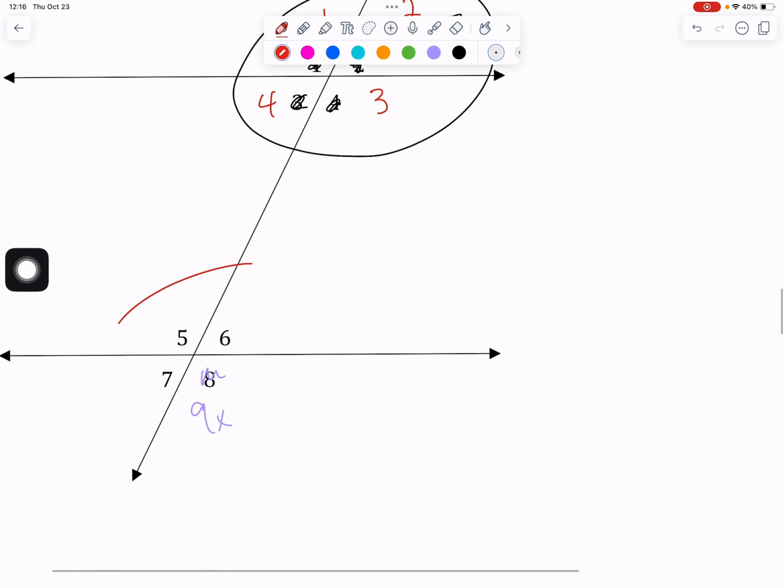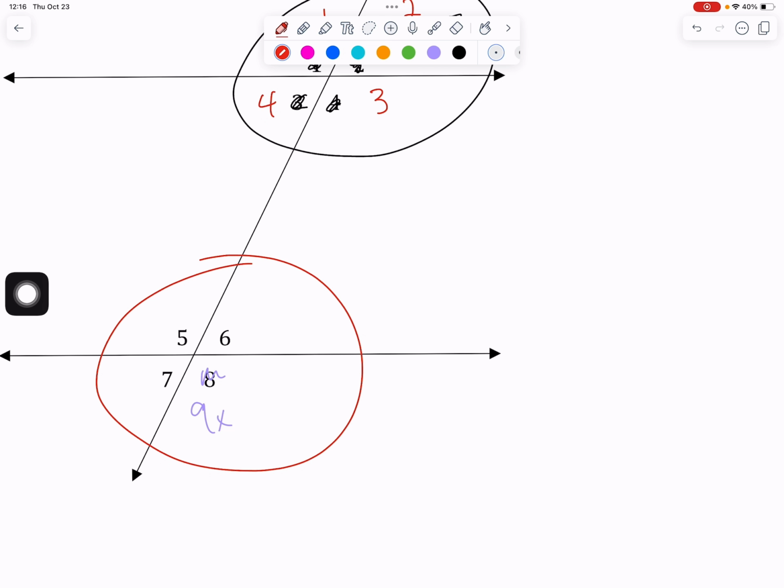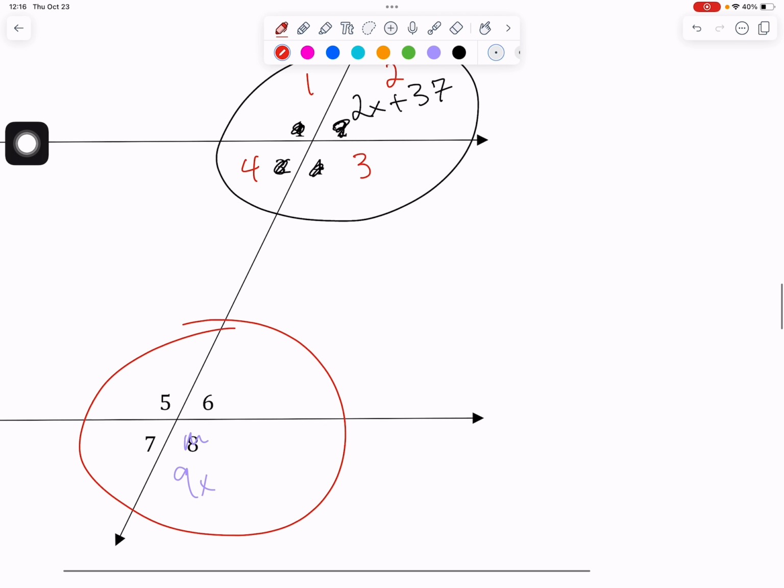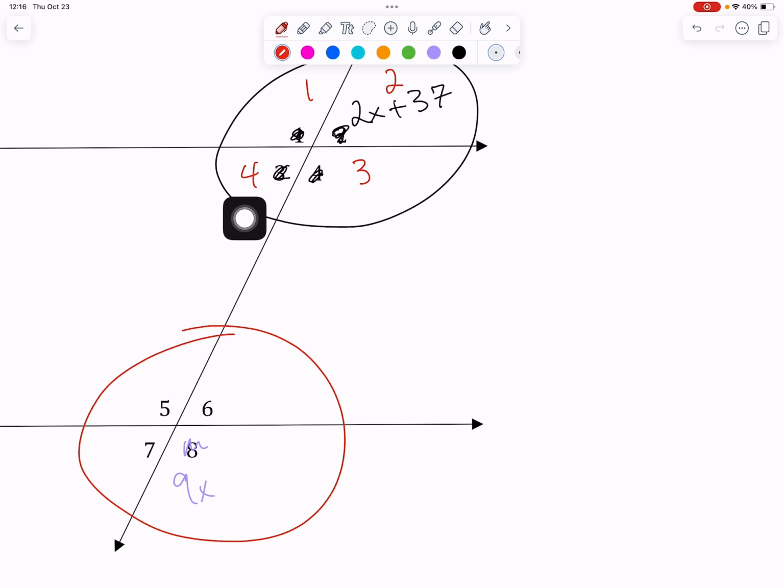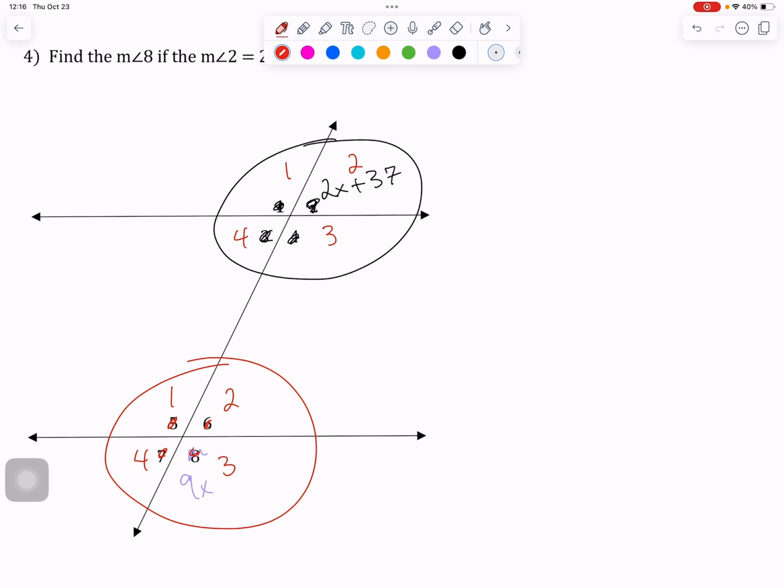I'm also going to do the same thing here. Now, if I started with the 1 in the top left quadrant, well, I also need to put the 1 here. So let's get rid of these. And if I follow clockwise, it'll go 2, 3, 4. So 2, 3, and 4. Wonderful. And what do we know?